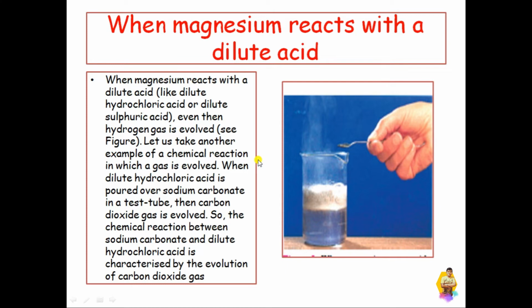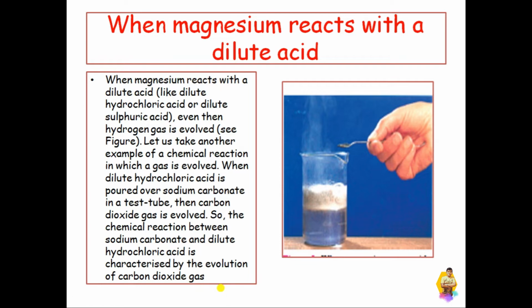When magnesium reacts with a dilute acid, similarly, magnesium is also a metal. When it reacts with an acid, the same kind of thing happens. Hydrogen gas is evolved. Again, if we treat dilute hydrochloric acid with sodium carbonate, another type of gas is evolved, and this gas is carbon dioxide gas.